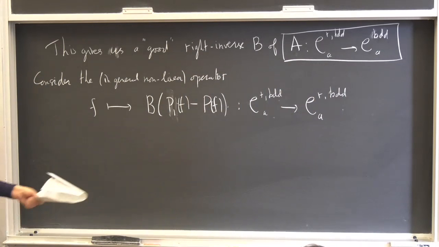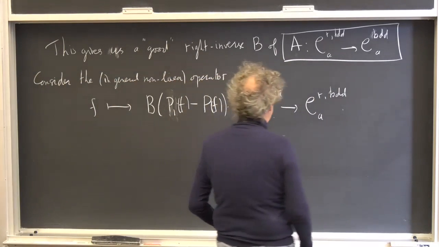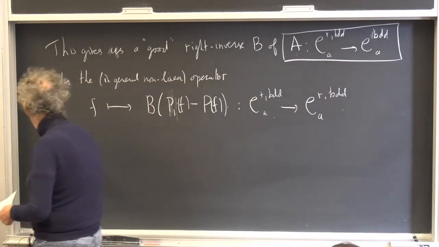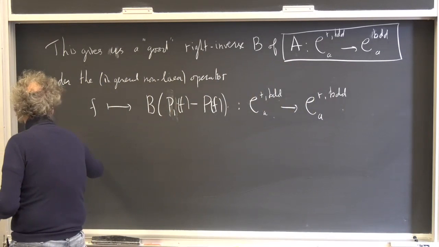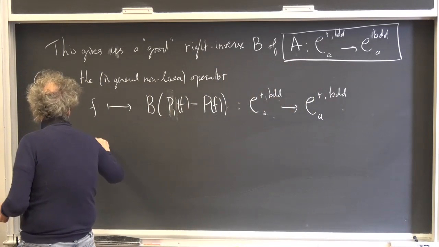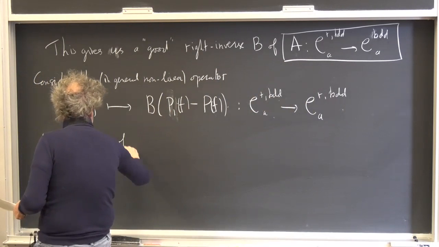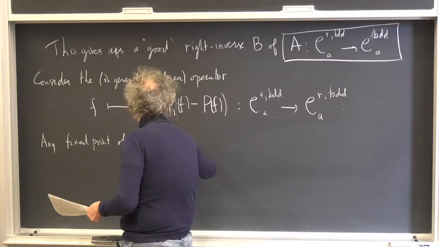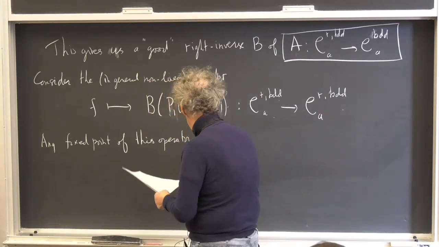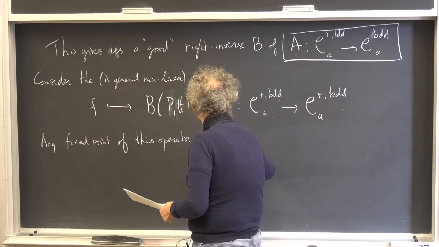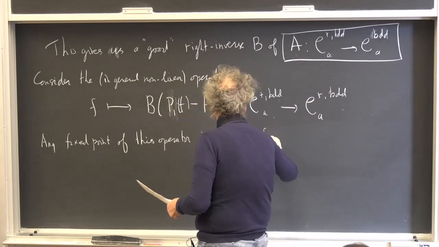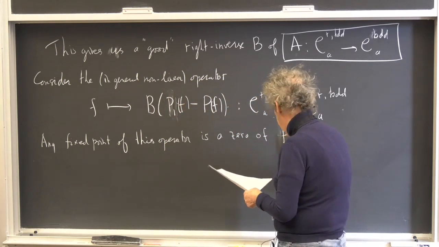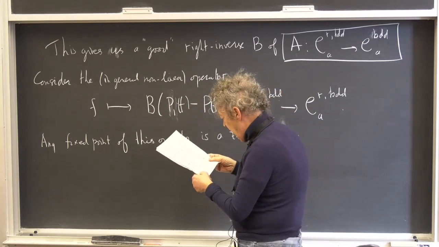And the point is now that the fixed point of this operator will be a zero of capital P. So any fixed point of this operator is a zero of P. Now that's quite easy to check.